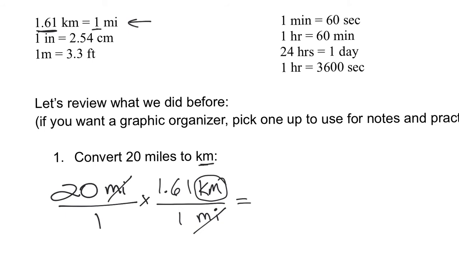So now I have 20 times 1.61. I need a calculator. Let's see if I have a nifty calculator on here. I don't think I do. Okay. Sad. Hold on.